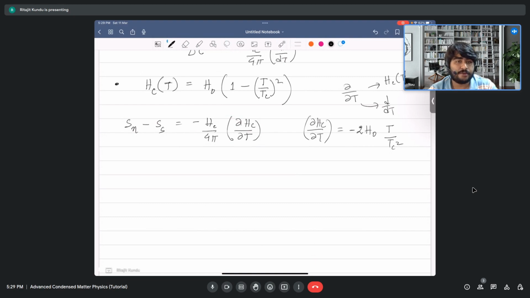So I am not being very careful about it. Then I can write the full T dependence.